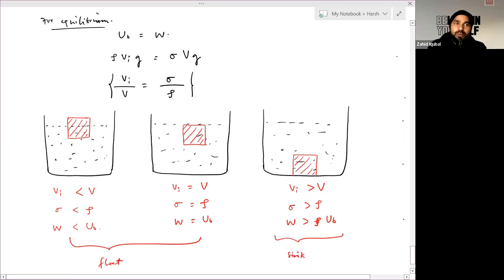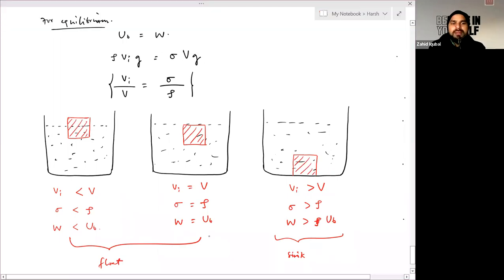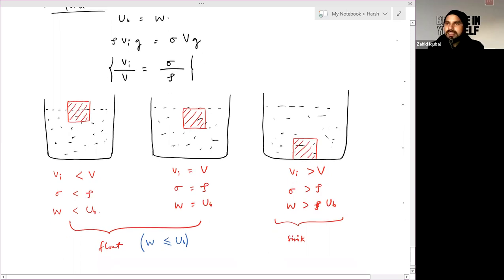You may be asked what would be the condition for floating of a body. You'll say weight and buoyant force must be related like weight is less than or equal to buoyant force. In this case, it will tend to float. And if weight exceeds buoyant force, the object will sink. Is it clear?